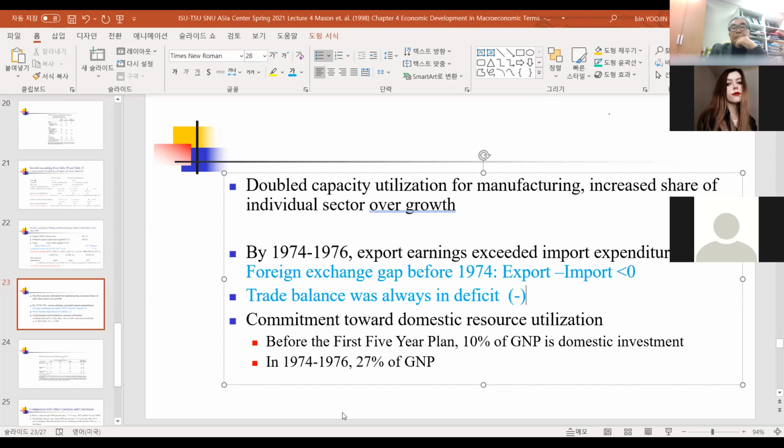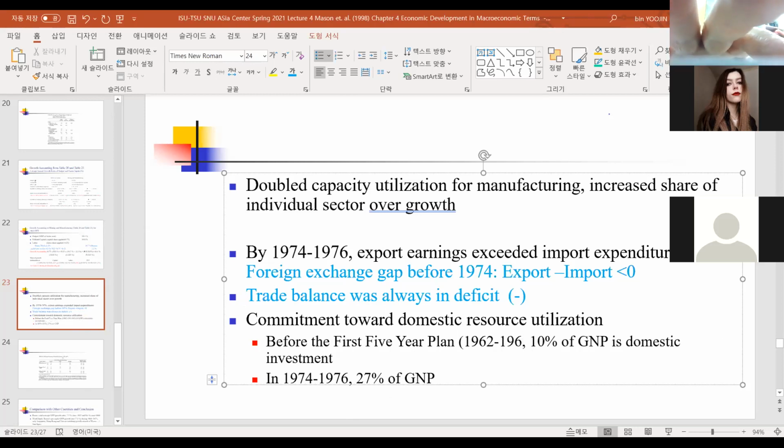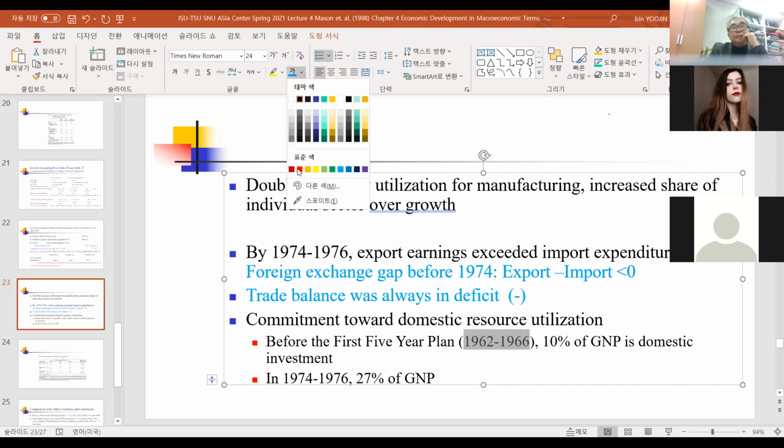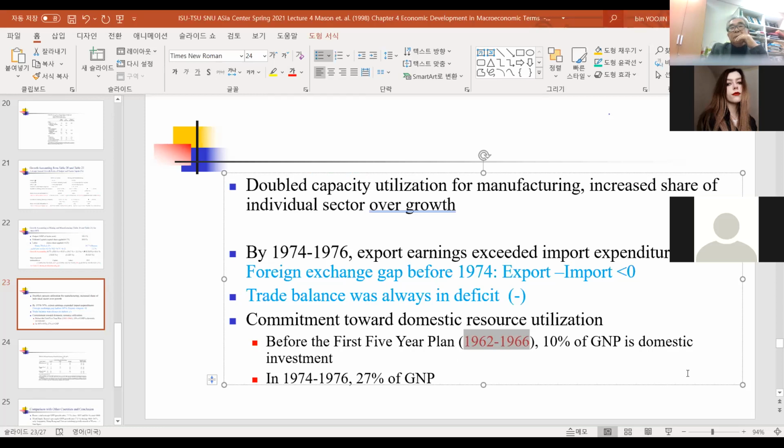And there was a commitment toward domestic resource utilization. Before the first five-year plan, which was 1962 to 1966, five years including 62 and 66, 10% of GNP was domestic investment.